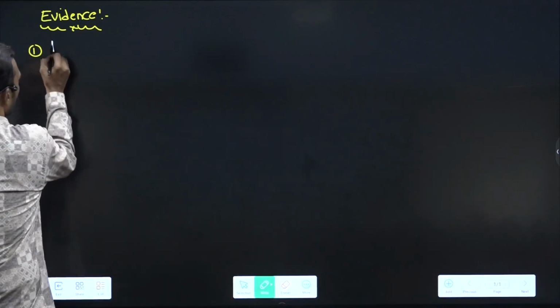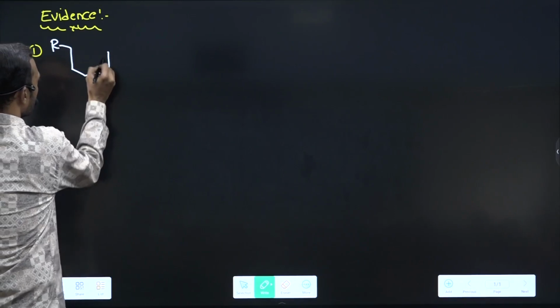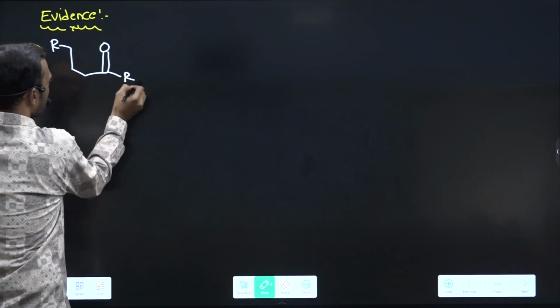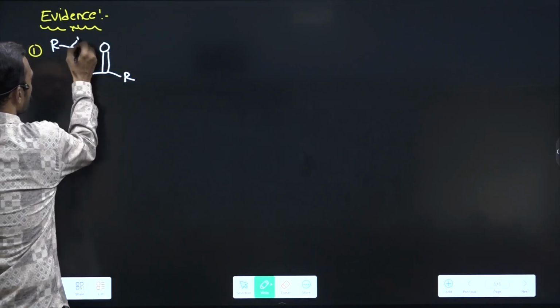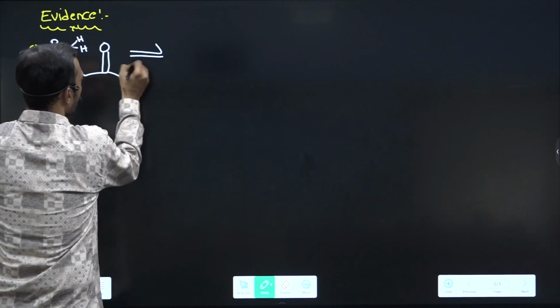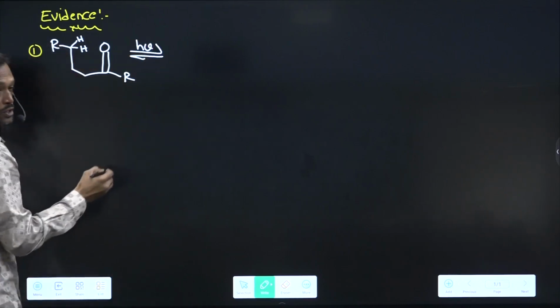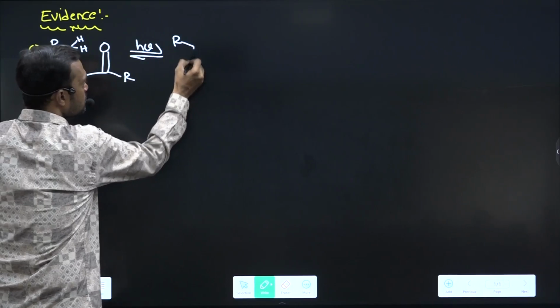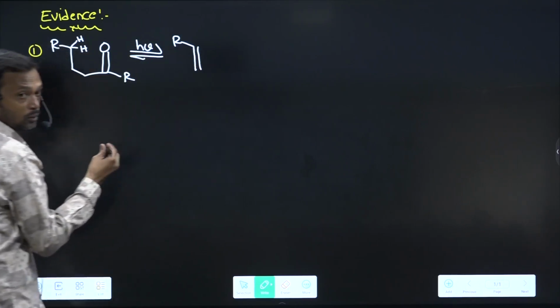Suppose I am taking a gamma carbon. Here the gamma carbon has only hydrogens. So if I apply photochemical irradiation, what happens? There is a cleavage here, and I can put a double bond.